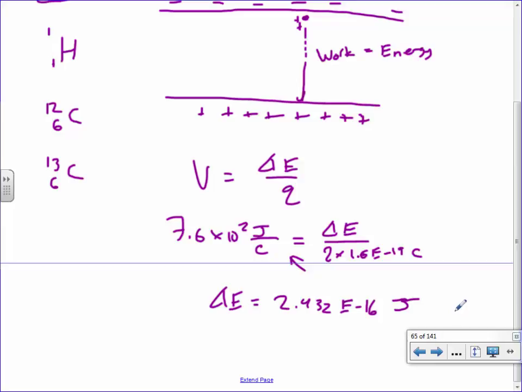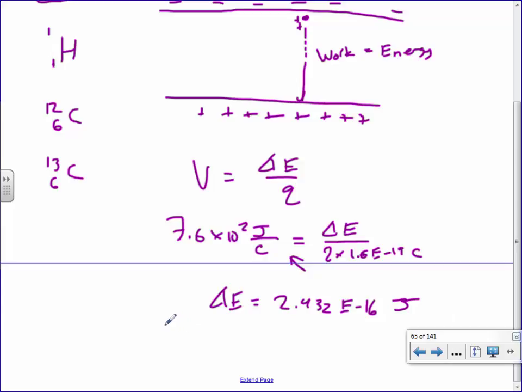Were you able to get that value? So here's the problem. That's a ridiculously small amount of energy required, right? Like 10 to the minus 16 joules of energy is so small that we're going to use a different unit. But rather than use those prefixes where you can use things like atto, femto, pico, nano, we just made a whole new type of unit entirely.